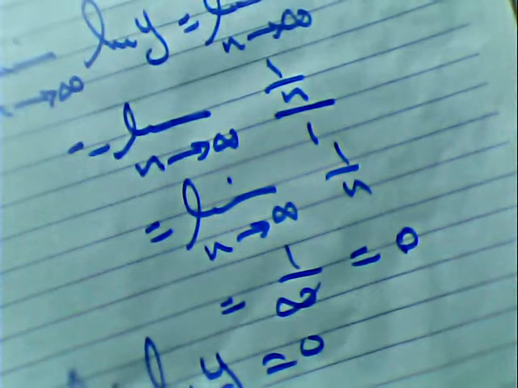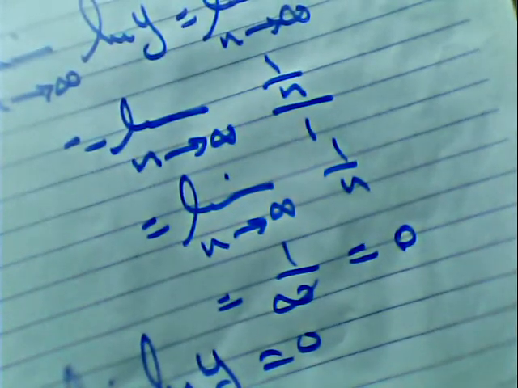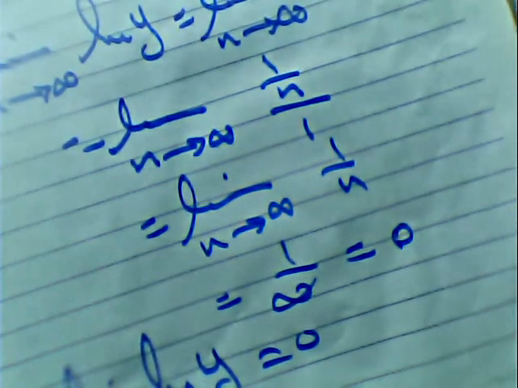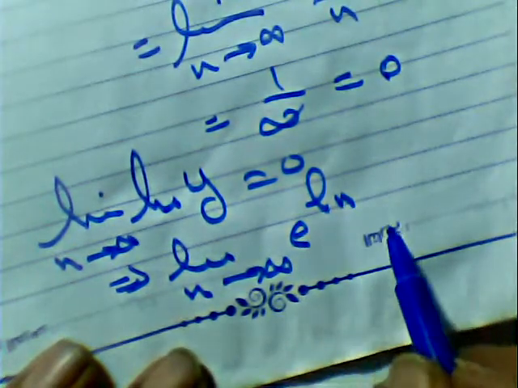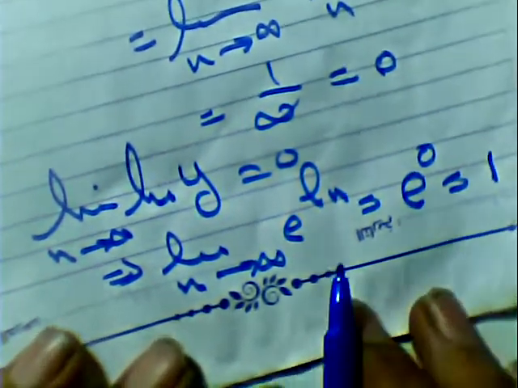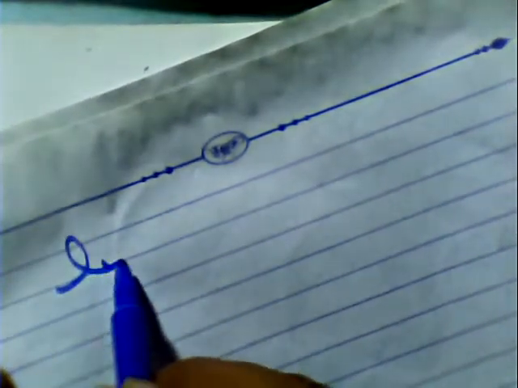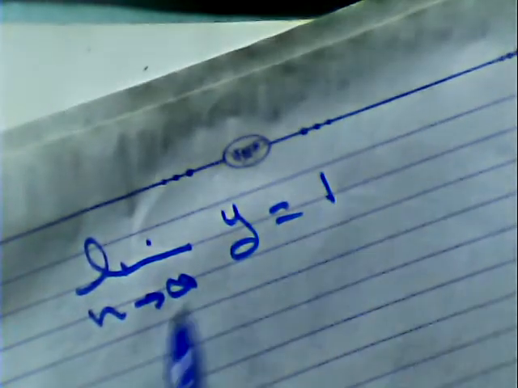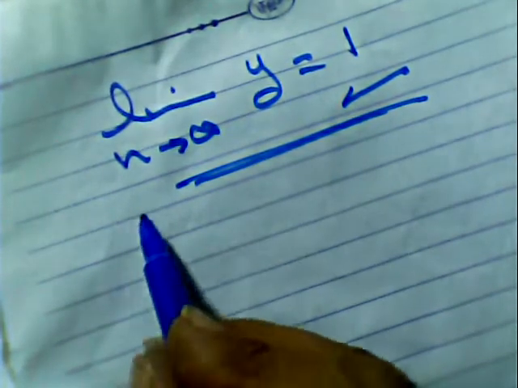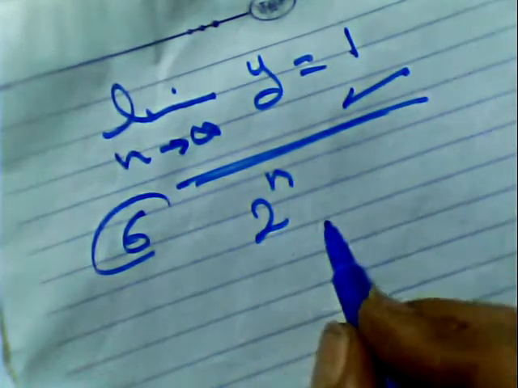Then as n goes to infinity, e to the power ln y equals e to the 0 equals 1. So we find the limit as n goes to infinity of y equals 1. That means the sequence converges to 1.